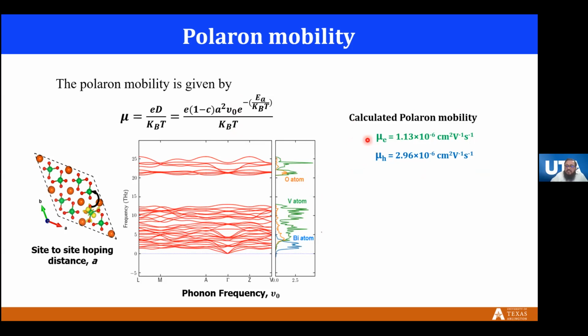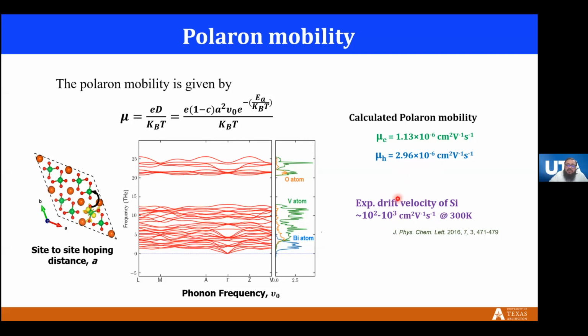Just to put things in perspective, if we consider silicon, the mobility of charge carriers in silicon is 100 to 1000 centimeters squared per volt per second, whereas these, as you can see, are at the micro level, 0.3 times 10 to the power minus 6.